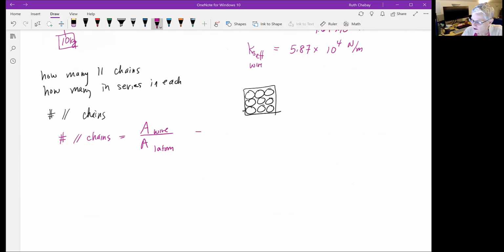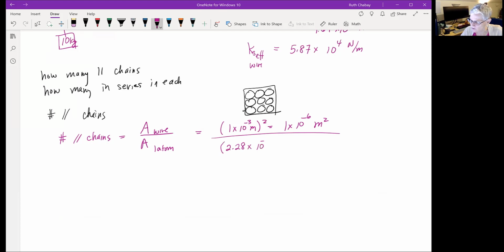And so that's equal to 1 millimeter squared. So it's 1 times 10 to the minus 6 square meters. And the cross-sectional area of one atom is just equal to the number we got for the atomic diameter squared. Again, remember each atom is taking up sort of a cubical area.